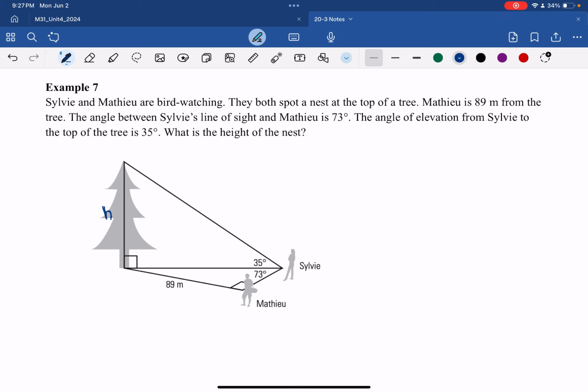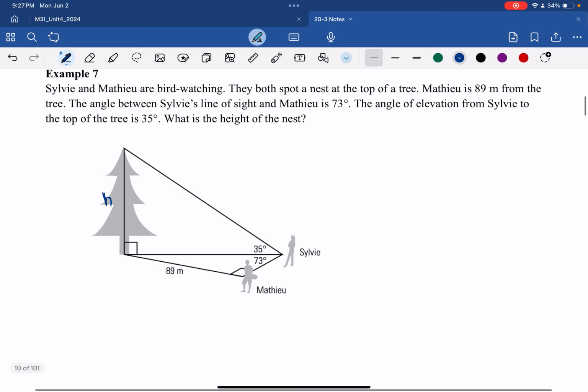And this is nice. It's given us a diagram already labeled. So if I'm looking for the height, I'm going to start and look in that triangle and go, okay, I have the height, I have an angle, but I need one more piece of information in order to solve for the height. So I have two triangles, and this line here is shared between the two triangles. So that's probably what I need to figure out.